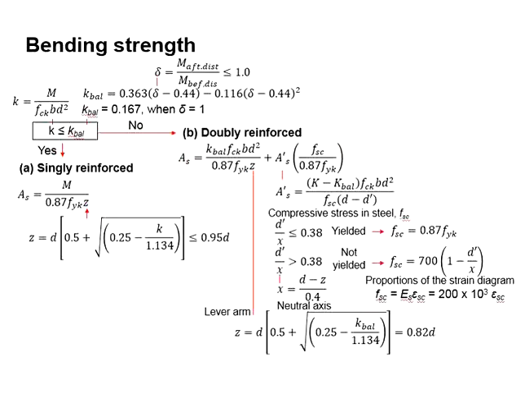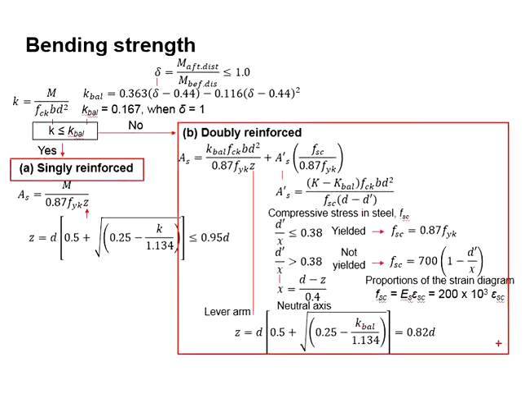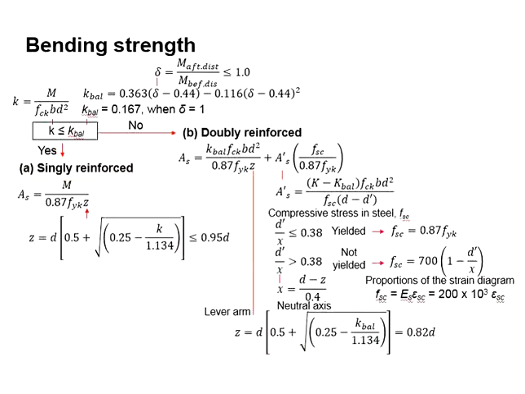What you see here, designing a singly reinforced beam is much simpler than a doubly reinforced member, and there is no restriction that the doubly reinforced beam will not appear in the final exam.